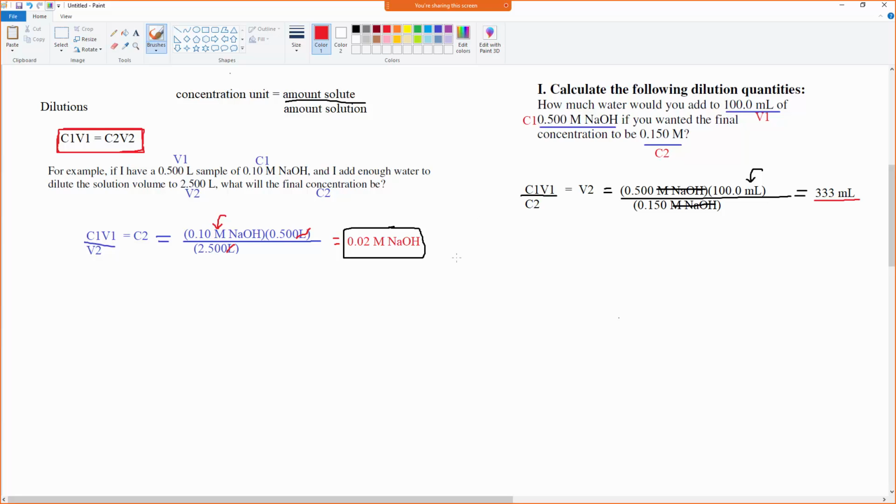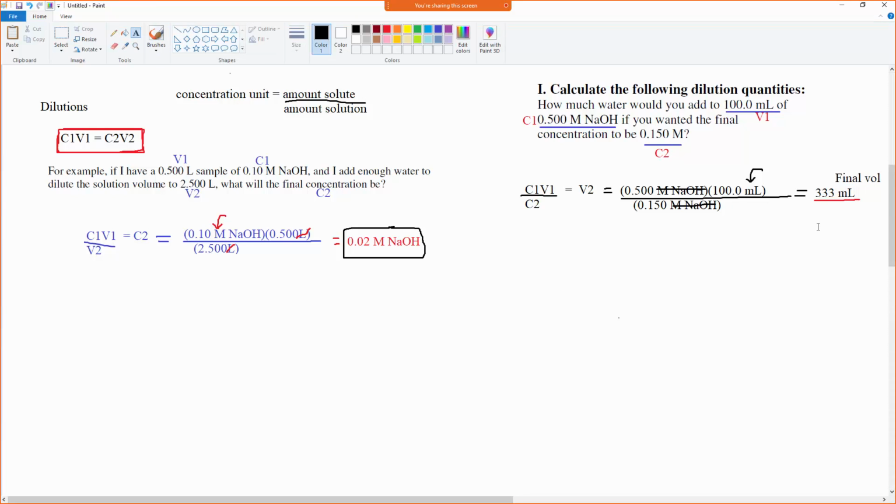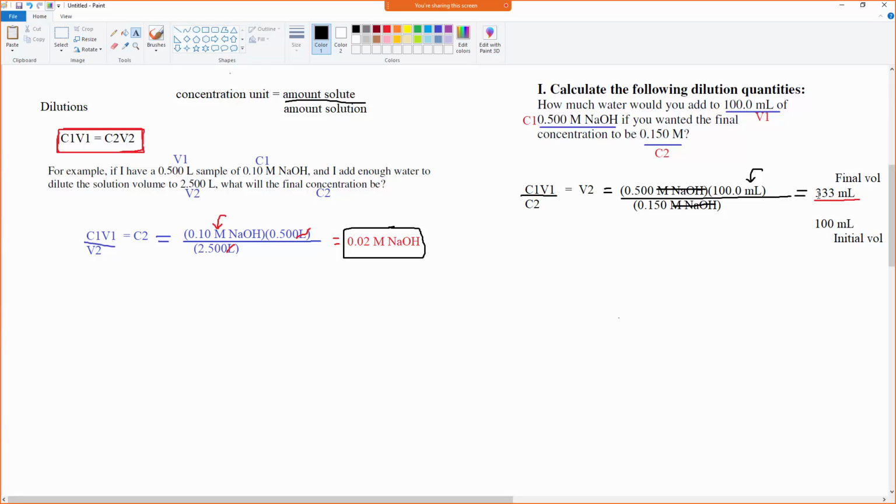They want to know how much was added. That's right. So if this is my final volume, and I initially had 100 milliliters, how much do you have to add to 100 to get to 333?